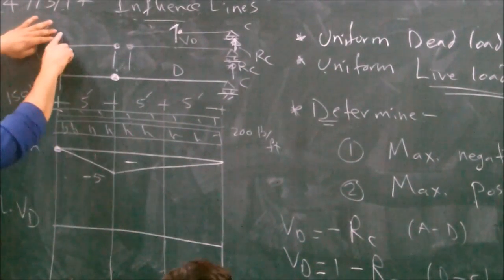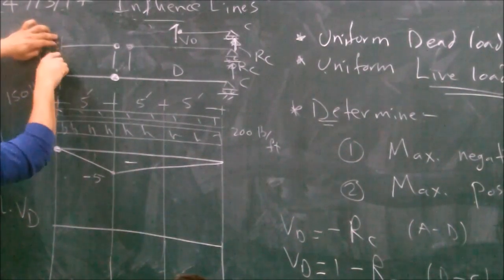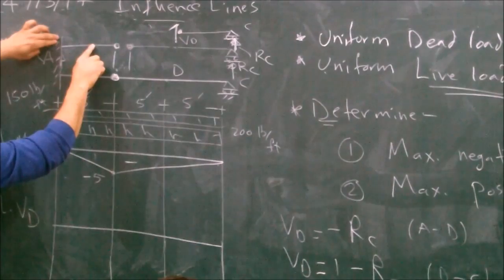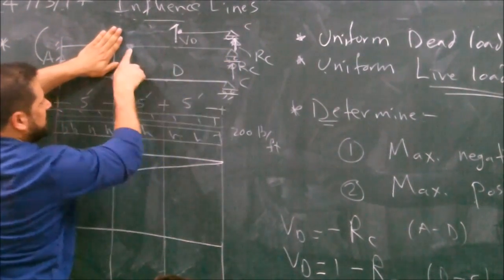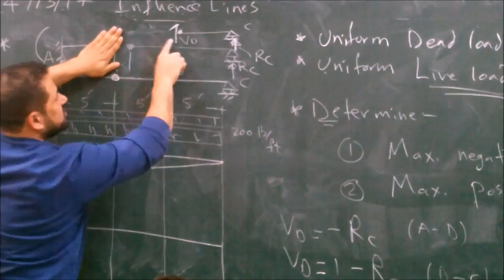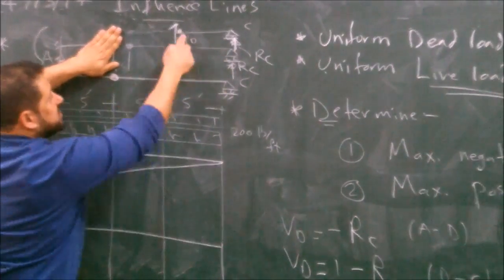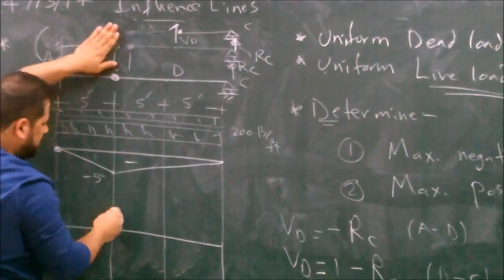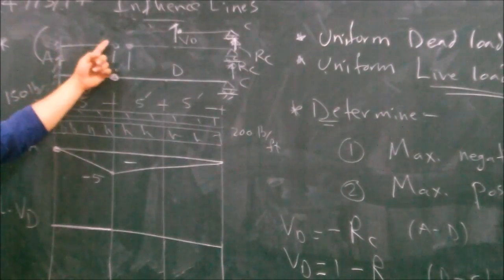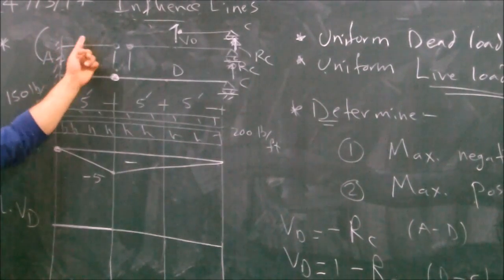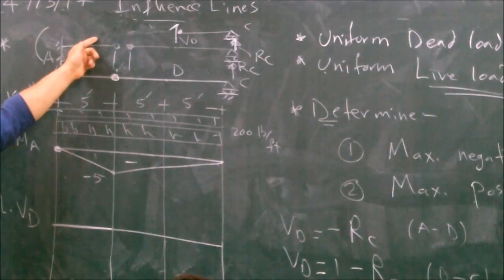If the unit load is here, or here, or here, how much is RC and this one? Nothing, there is no load on this one. Both are 0, so VD is 0. Regardless, any load on this segment will not develop a shear at D.